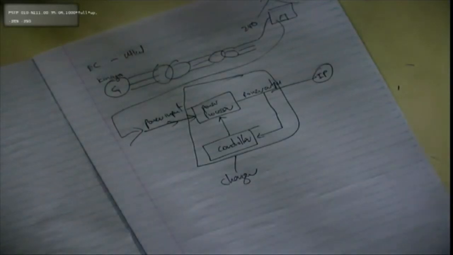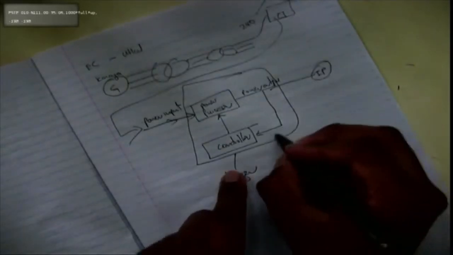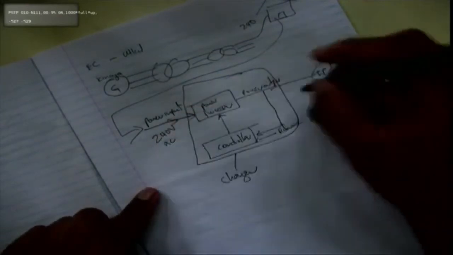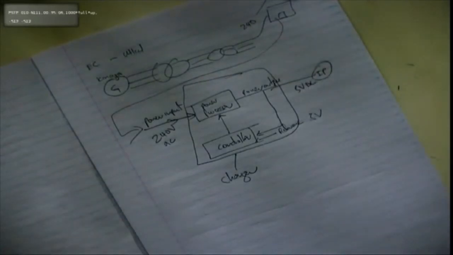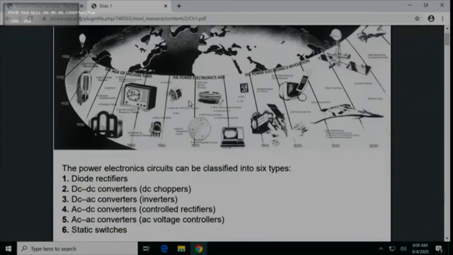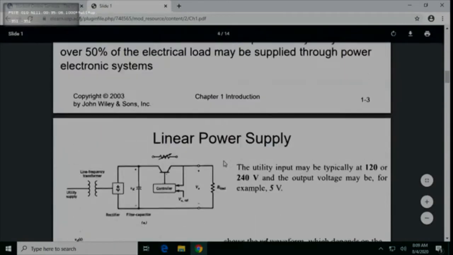This is what your charger looks like. So we have seen the linear power supply.